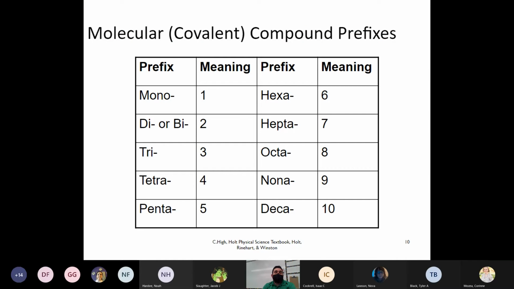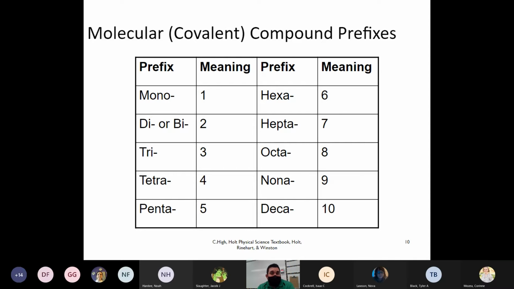Okay. So this table, this picture is really important, especially for today's activity. Because I did not give it to you on today's activity. I'm giving it to you right here, right now. When you name a covalent compound, you need to have prefixes in there. And the reason why we use prefixes is because you can have lots of covalent compounds.